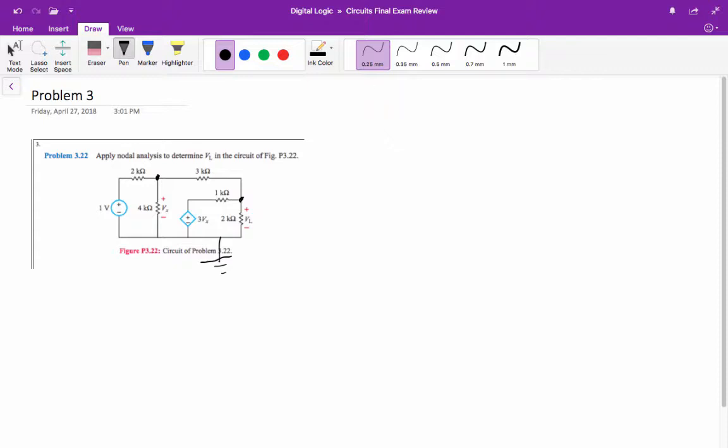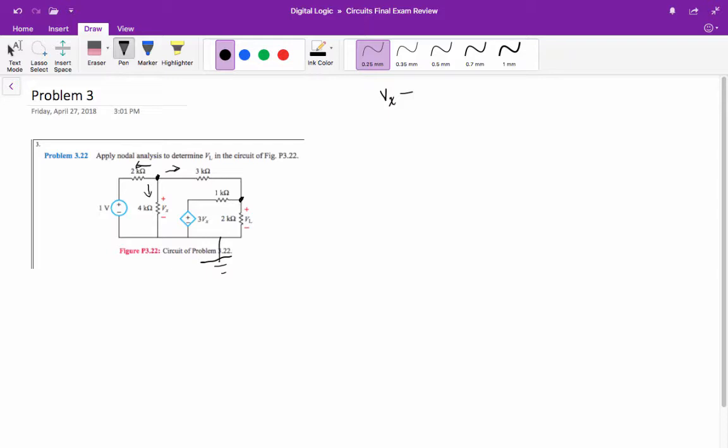So our first set of equations, let's do this node right here. So we're doing this current, and this current. Starting with this one, that voltage is Vx. So Vx minus, now let's see what the voltage is on the other side of this resistor.